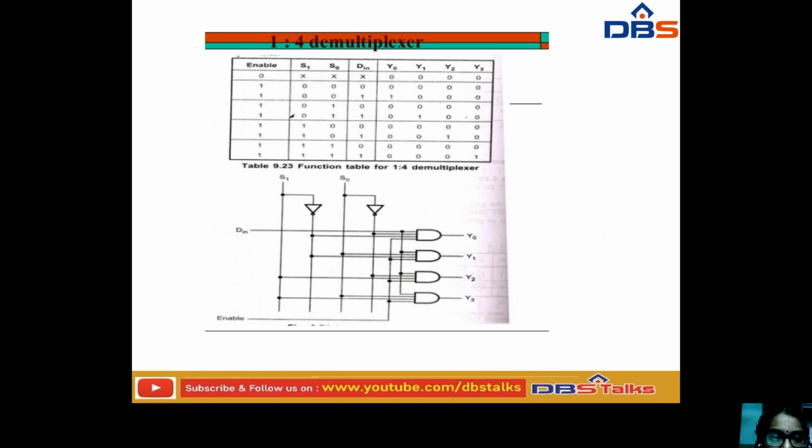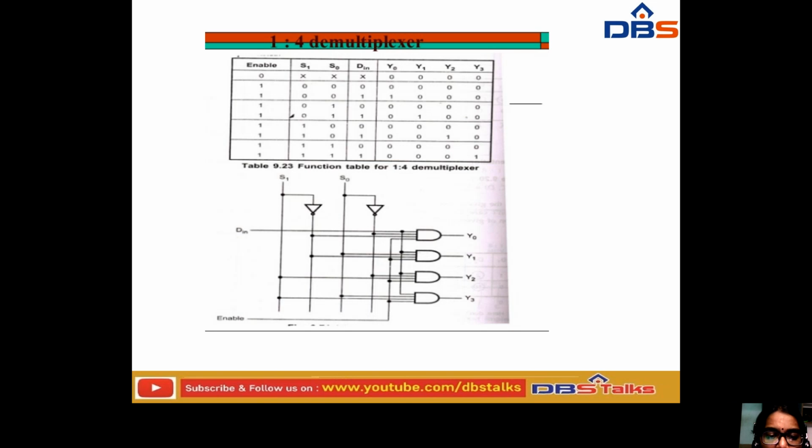If you have observed this 1:4 demultiplexer, we have taken this example of a combinational circuit, and this is the truth table for that 1:4 demultiplexer. This is for y0, y1, y2 and y3, and here we are going to perform the sum and multiplication operations.